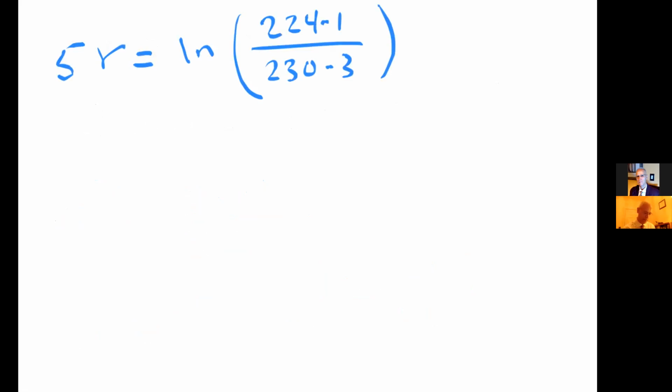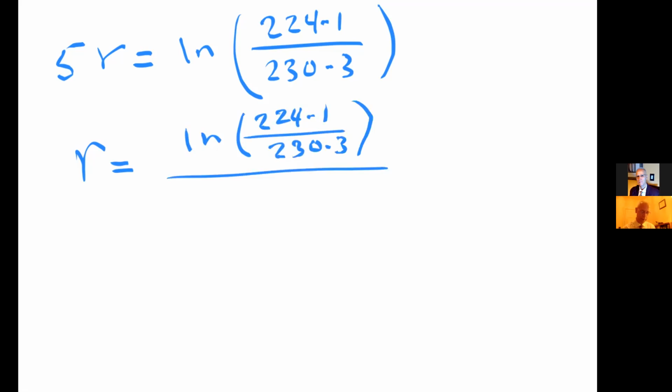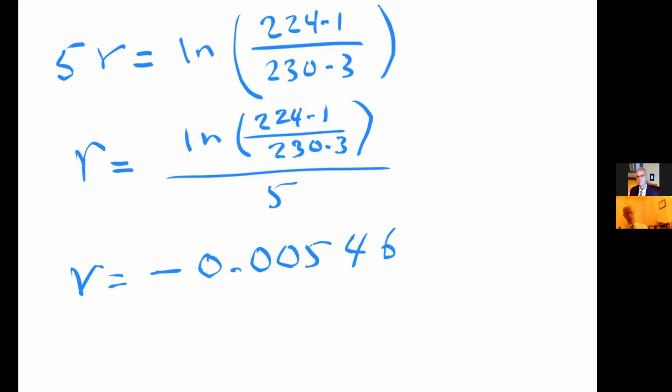And now I'm going to go ahead and divide both sides of this equation by 5. And so I get r equals natural log of 224.1 over 230.3, divided by 5. When I plug this in the calculator, it tells me that r equals minus 0.00546 to 5 decimal places.